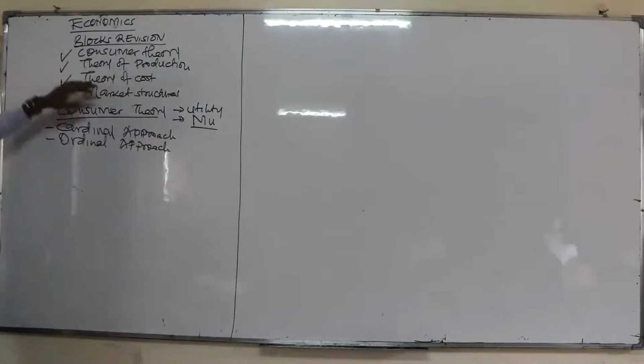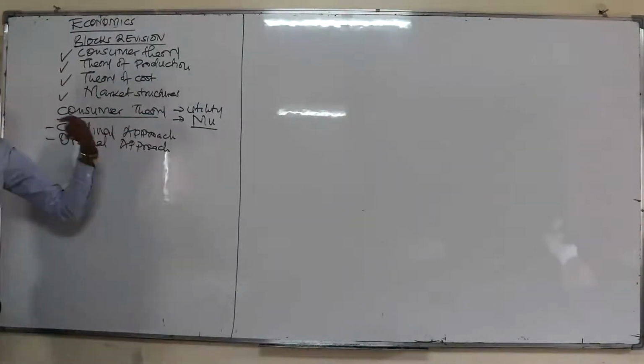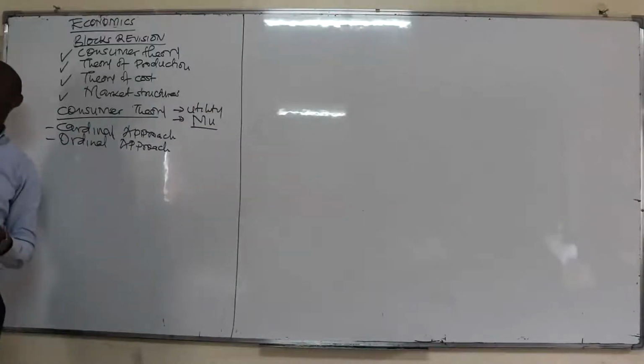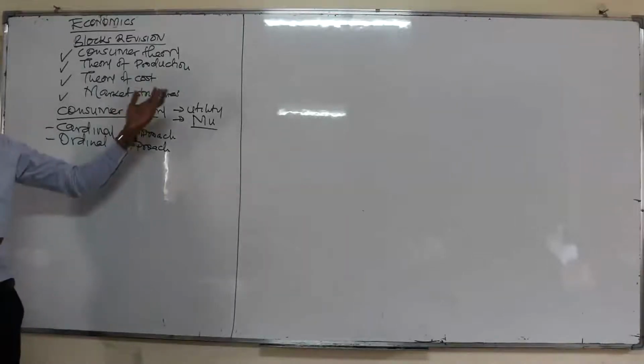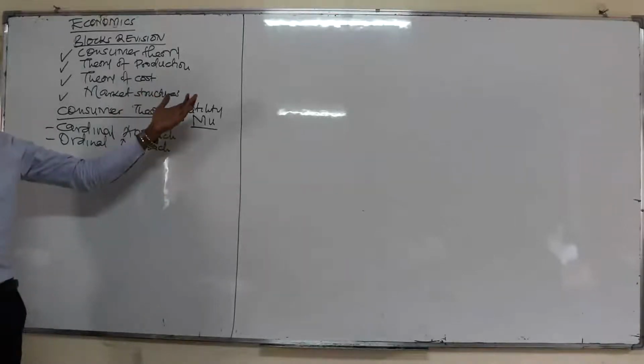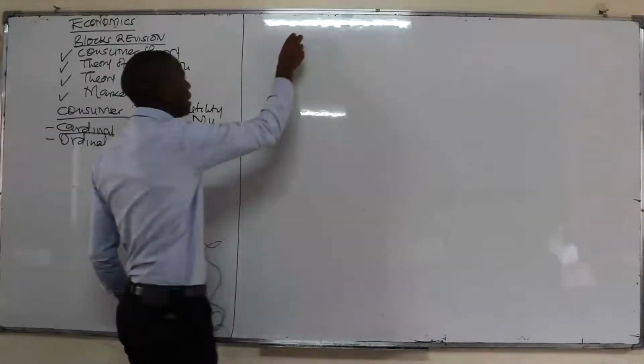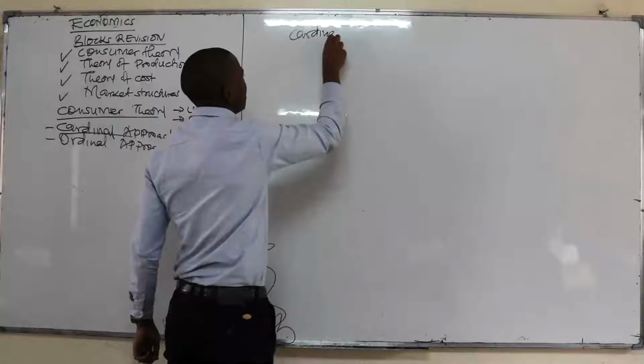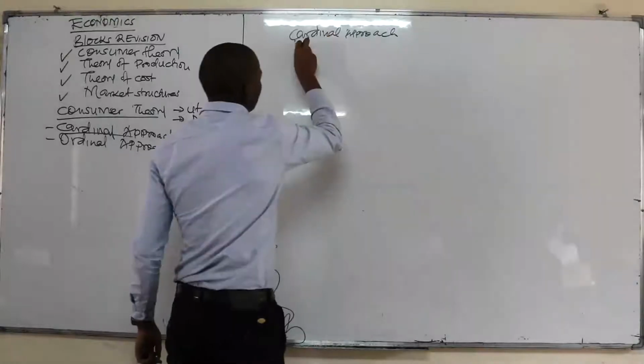So generally, when we're talking about the consumer theory, we're talking about utility, because for the consumer to spend his income, he wants to maximize utility. Are we together? So we have these two approaches. Number one, the cardinal approach. The cardinal approach operates under the following assumptions.